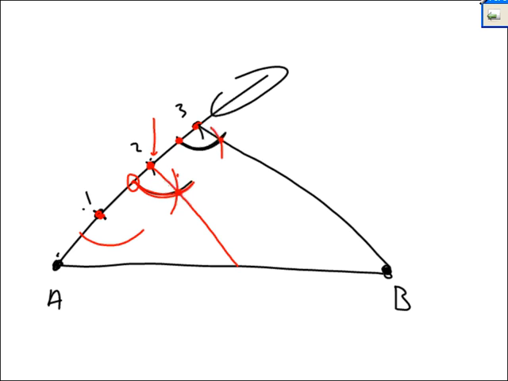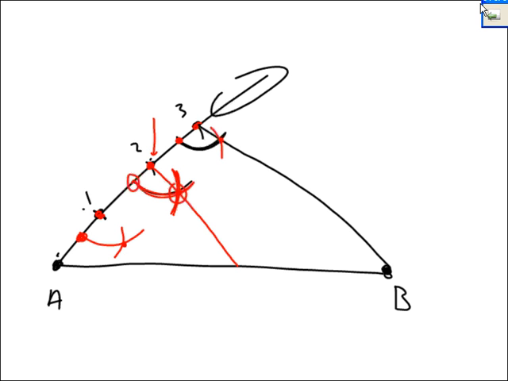Now, put your compass needle here, open it up so it touches there. You want to draw a little arc, fine. Do the same thing at this point. Put the compass needle here, keeping the same opening we just had. Draw your arc.